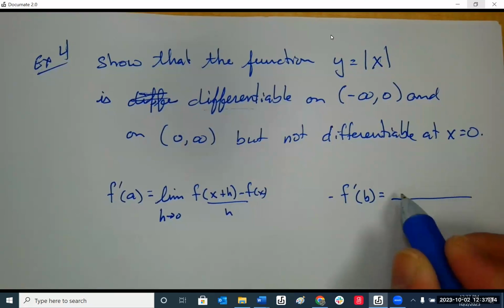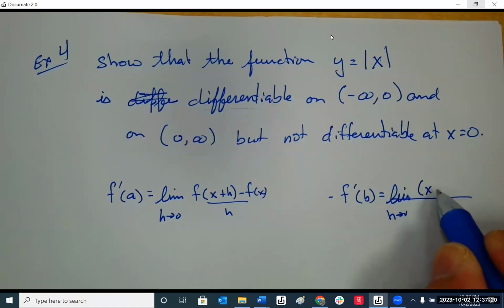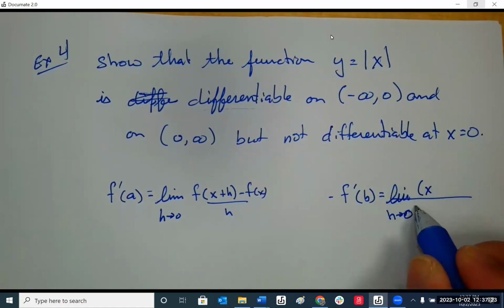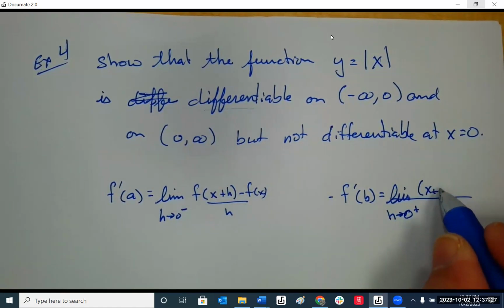And then likewise on this side, the limit as h approaches 0. This is h approaches 0 from the right, and this one's h approaches 0 from the left.